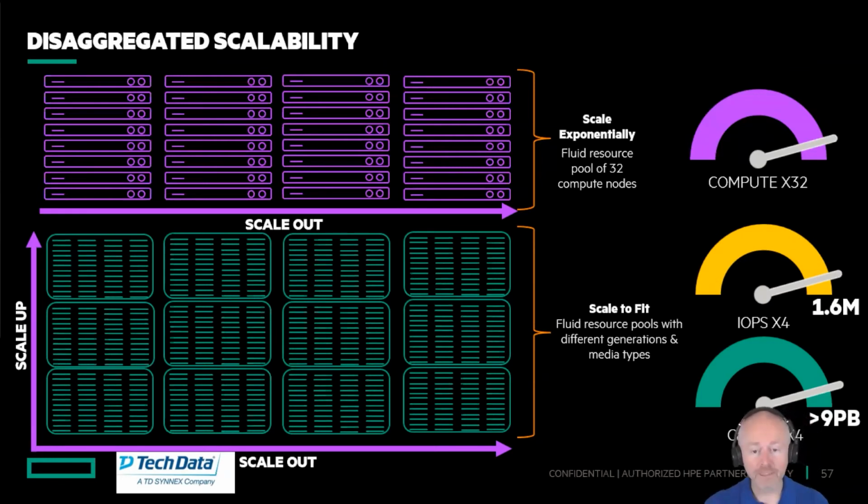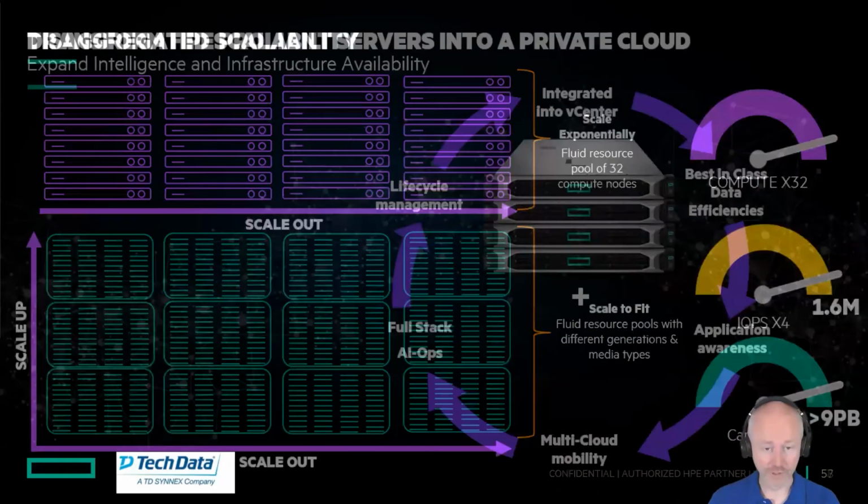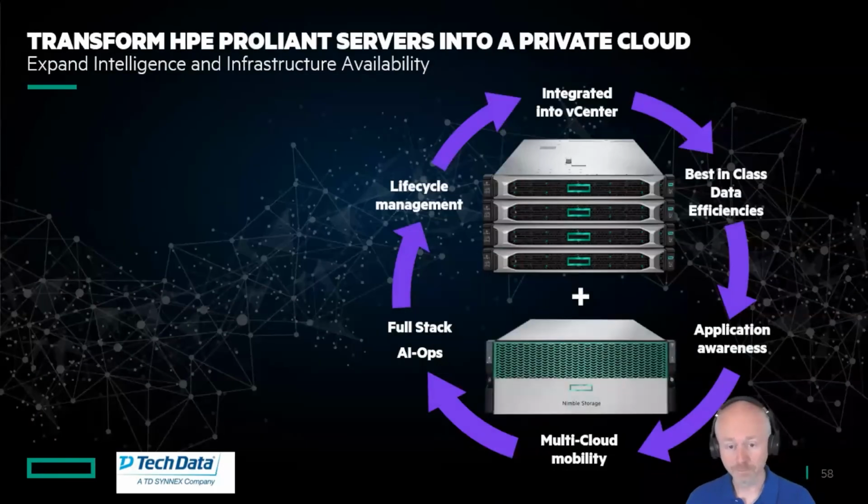Yeah. So there you go. Full flexibility, full scalability, independent if you want to scale up or scale out CPU, memory, storage capacity, or storage IOPS. This is something that you cannot do with SimpliVity. There's a one-on-one relationship, not so with dHCI.